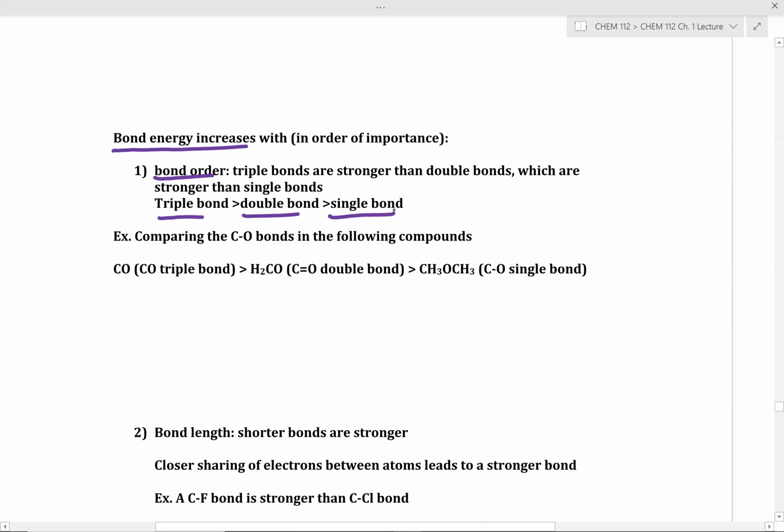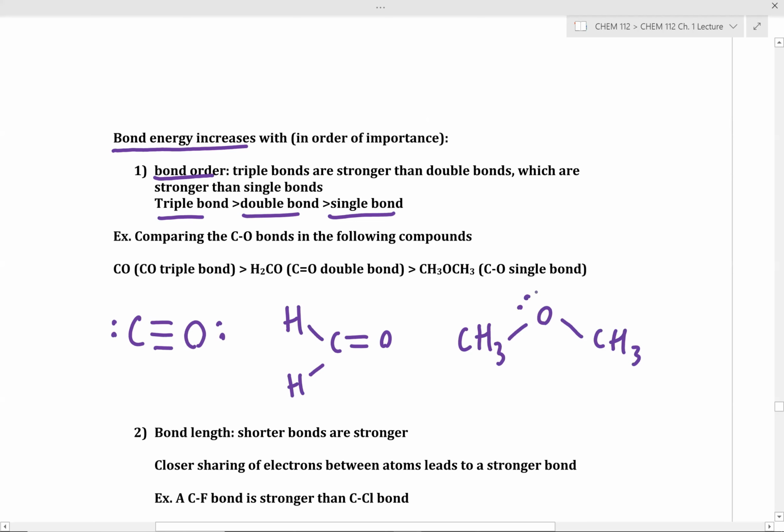So for example, if we compare the carbon-oxygen bond in carbon monoxide versus the carbon-oxygen bond in formaldehyde versus the carbon-oxygen bond in dimethyl ether, what is the strongest carbon-oxygen bond for this set? The single, double, or triple? Triple, exactly.